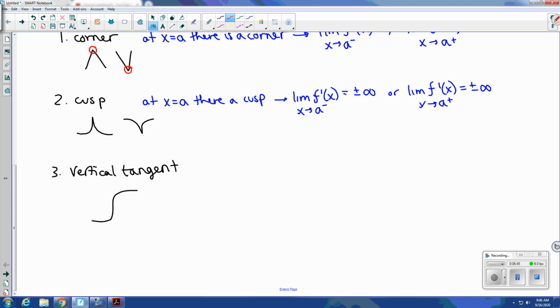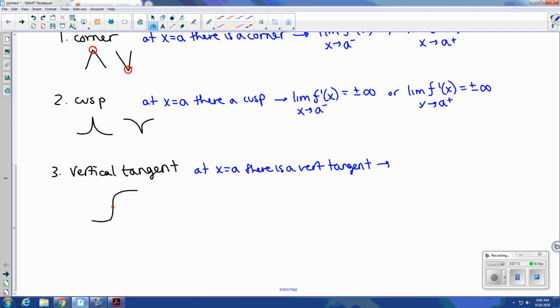So the graph is still a function, it doesn't fail the vertical line test. But as we approach that point right there in the middle, we're going to approach a vertical tangent line, and that's going to be a failure for a differentiability test. So at x equals a, there is a vertical tangent.